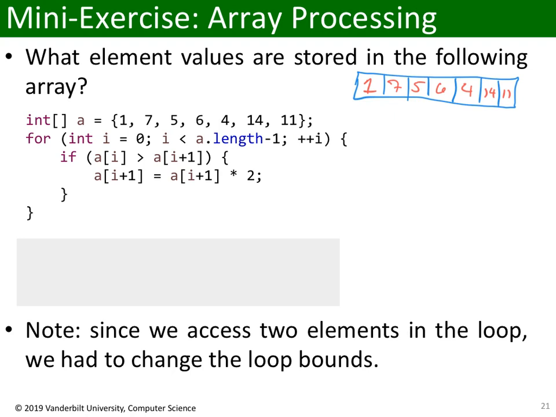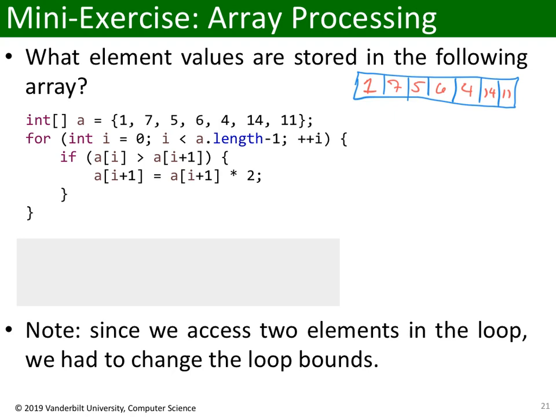Yes. So we are going to store element 2 times 2 into element 2. So whatever the value currently is in element 2, multiply it by 2. So 5 times 2 is 10.